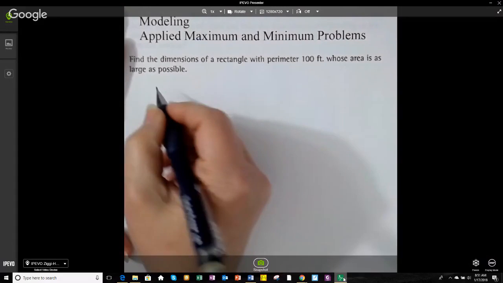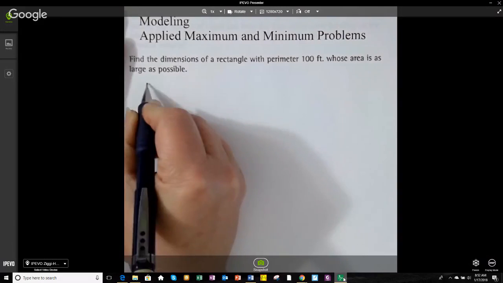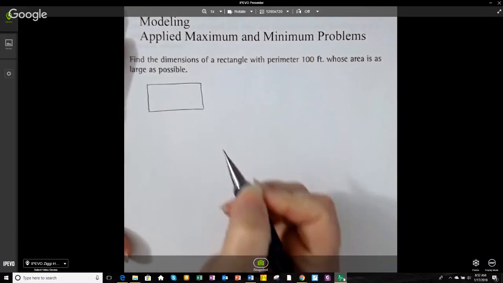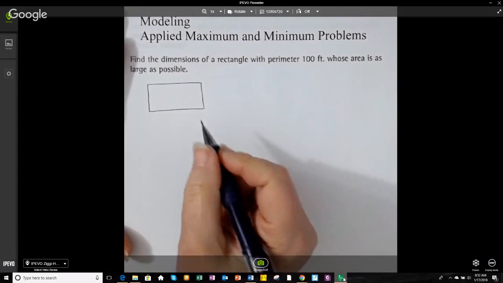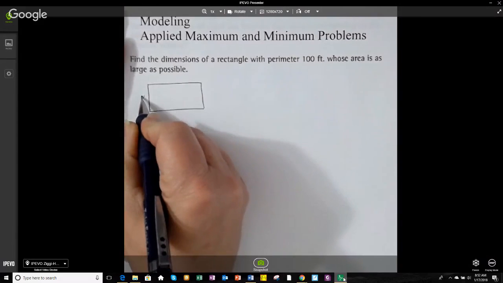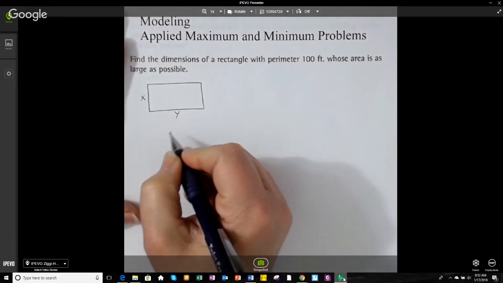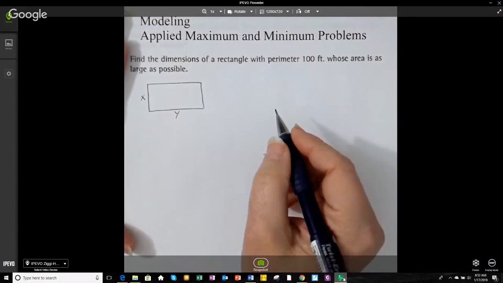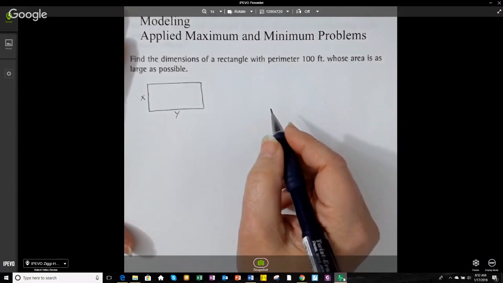And I'm going to draw a rectangle because the best thing to do is to draw a picture. So here's my rectangle. It doesn't have to be perfect. And I don't know the dimensions of the rectangle, so I'm going to call this one X and this one Y. Of course, you could call them L and W, depending upon your preference, but I like X and Y. And I have a physical constraint in this problem.